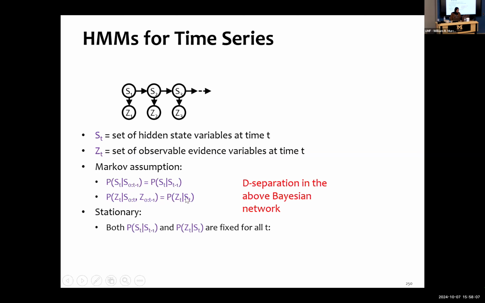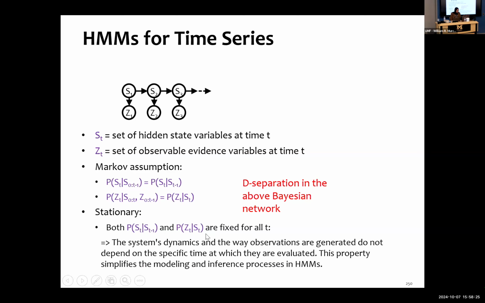Here, if both probabilities, the probability of S_t given S_t minus 1 and the probability of Z_t given S_t, are fixed for all t, this property means that the system dynamics and the way observations are generated do not depend on the specific time at which they are evaluated, okay? So this property simplifies the modeling and inference process in hidden Markov models.